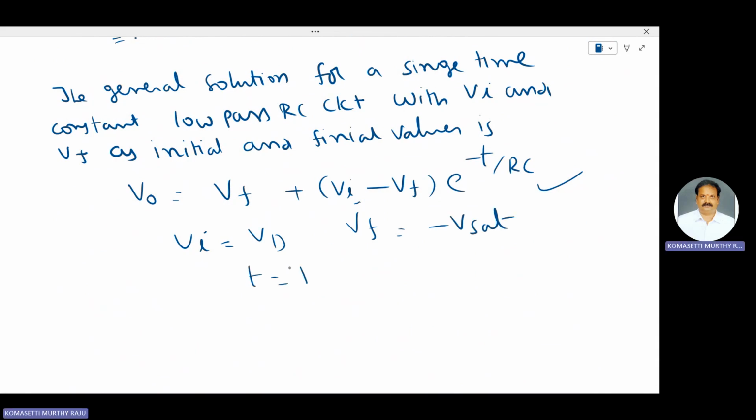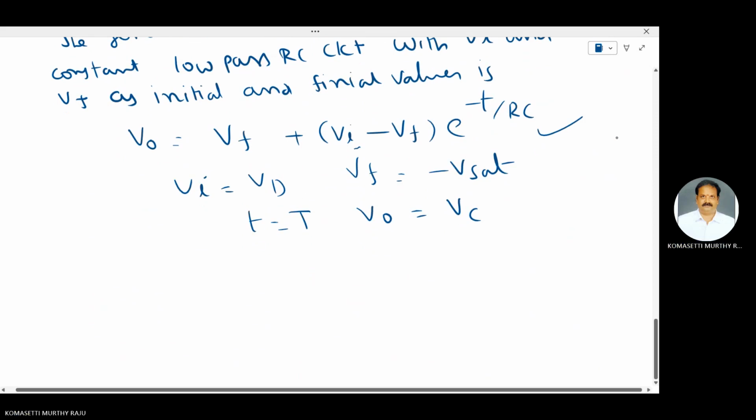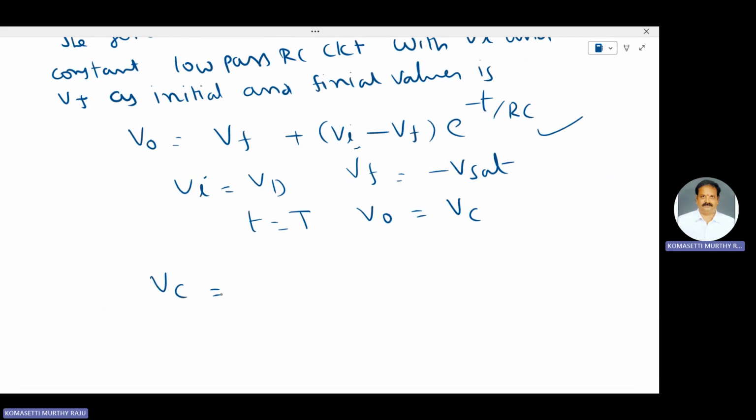At t equal to capital T, V0 is equal to Vc.